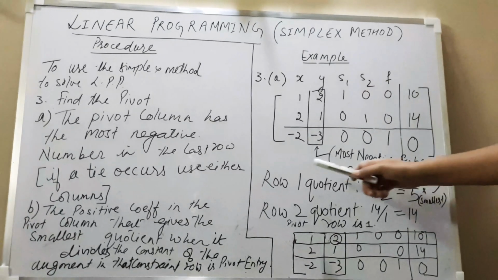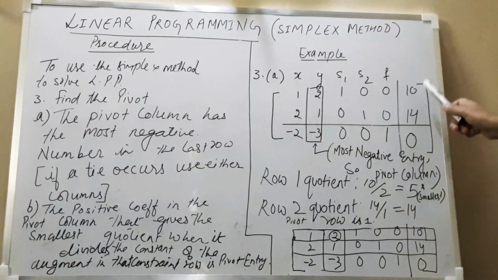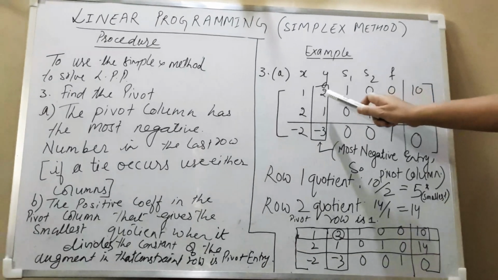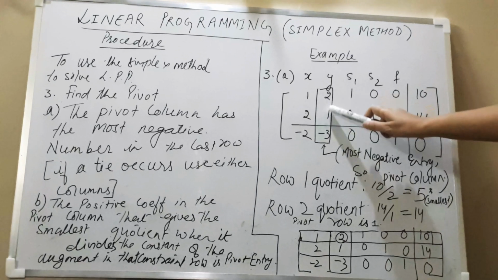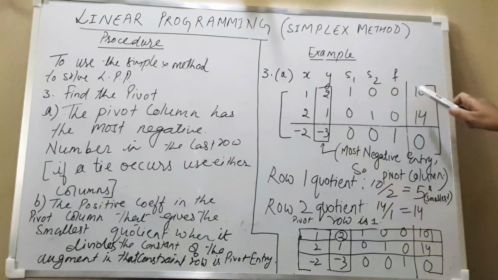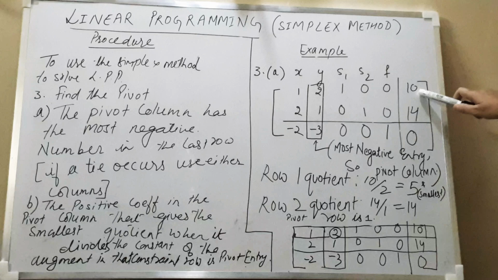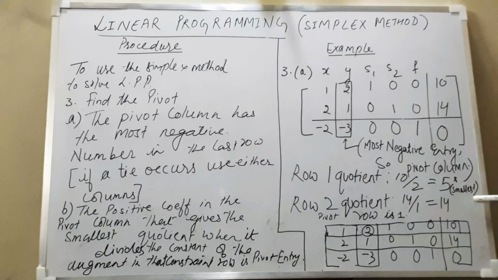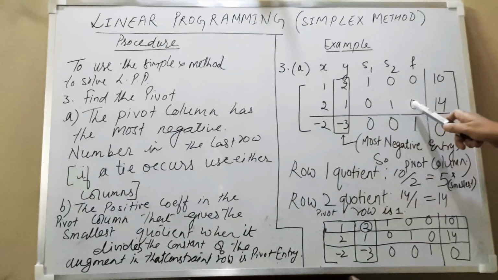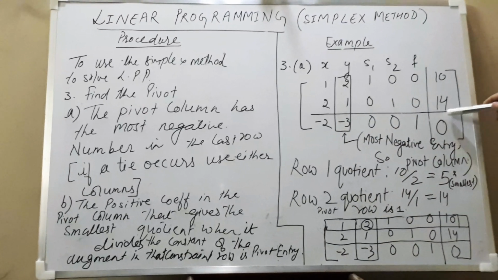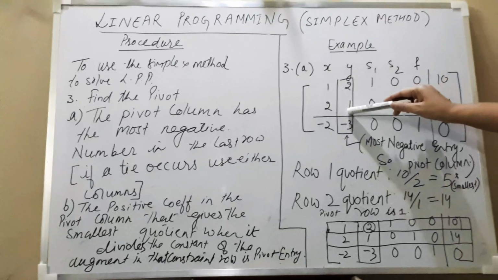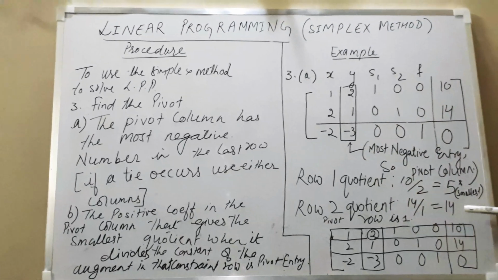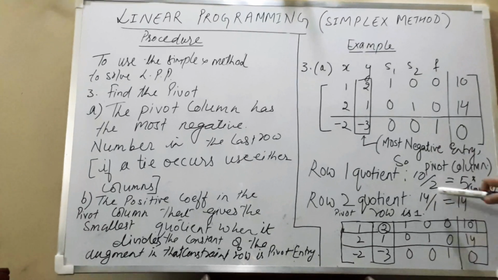Here we can see this is row 1, and this is the constant of the augmented column. When the pivot column entry divides the constant 10, we get the row 1 quotient, 10 by 2, which is 5. Again, this is row 2. If this constant 40 is divided by 1, the pivot column entry, we get 40 by 1, 40.